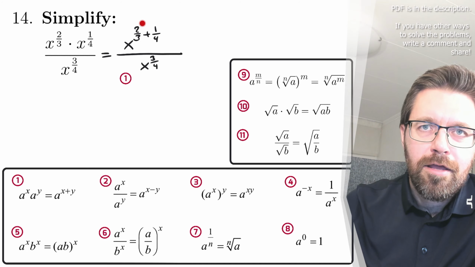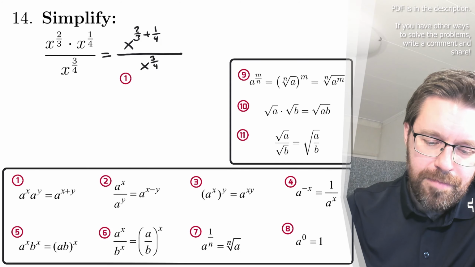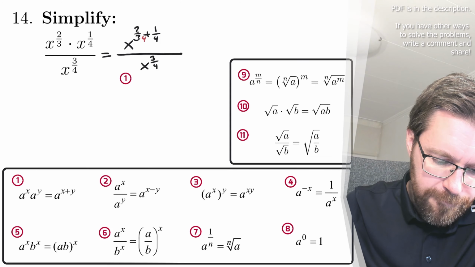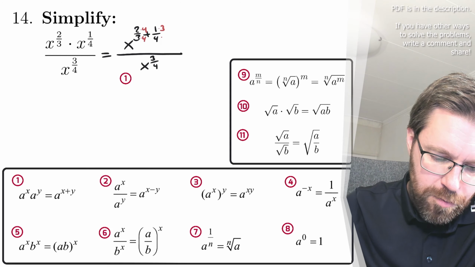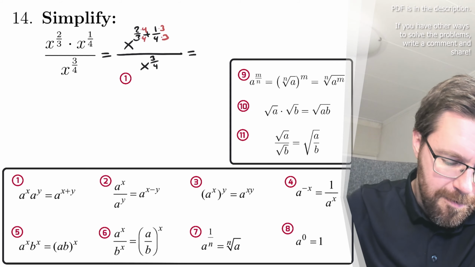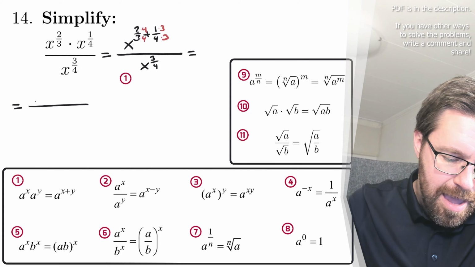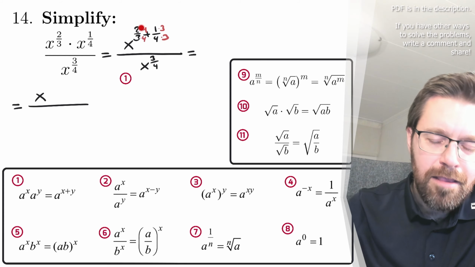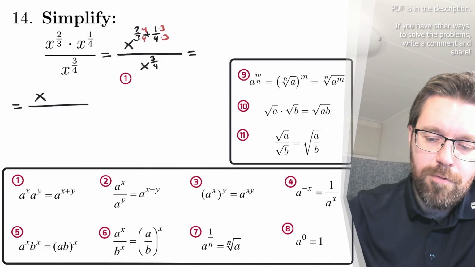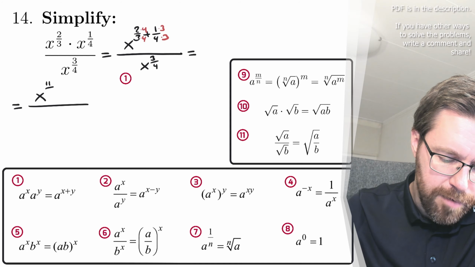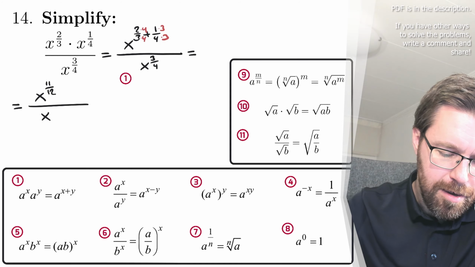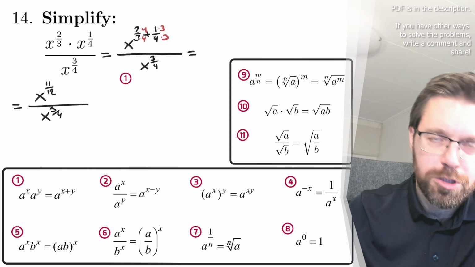To calculate the sum, we multiply with 4 and 4 and 3 and 3 to get the same denominator. And then we can write it like this: x raised to 8/12 plus 3/12 equals 11 divided by 12. And then divided by x raised to 3/4.